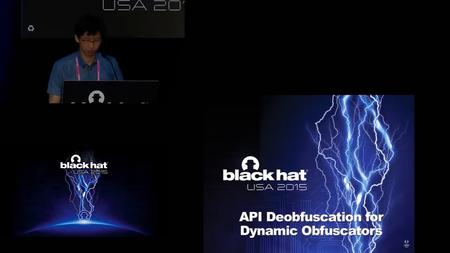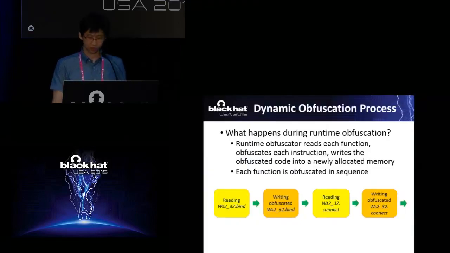The second is API deobfuscation for dynamic obfuscators. It's a little bit more complex than static API obfuscation. In the dynamic obfuscation process, we can observe that every API function is obfuscated one by one.